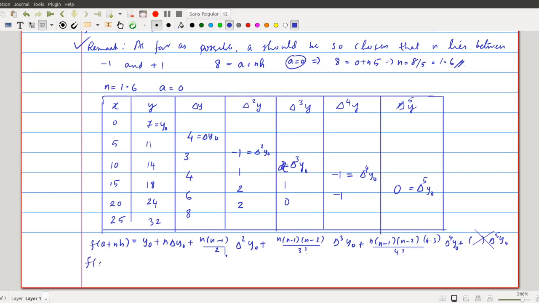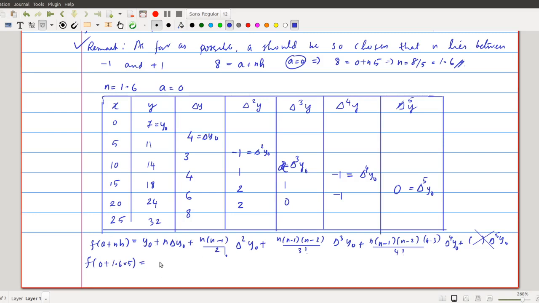So f of 0 plus this will be 8, so nh is equal to 8, n is 1.6 here and h is 5. So please substitute this on the right hand side.